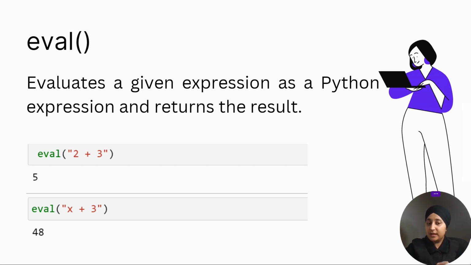In the second case as well, it is adding x plus 3. If the x value is 45, it is converting x plus 3, that is 48, to 48, which is an integer, right? We must consider here that whatever is in double quotes is a string. So the eval function is evaluating that whatever is coming to it is an integer value. If it is a float, then it will be converted to a float value, right? This is the eval function.